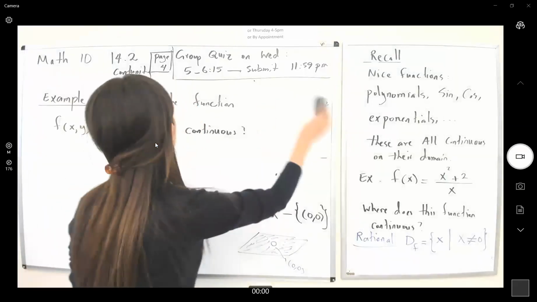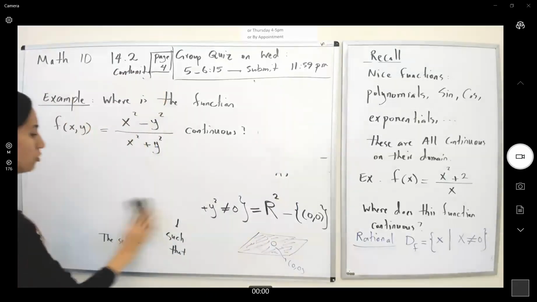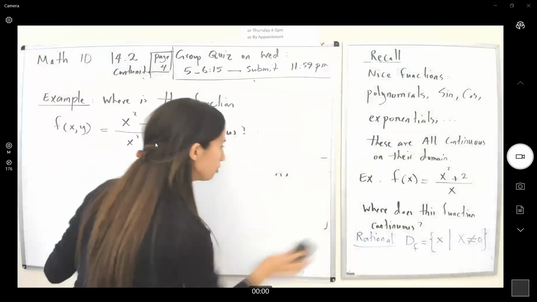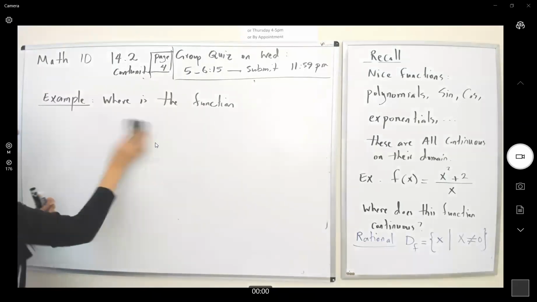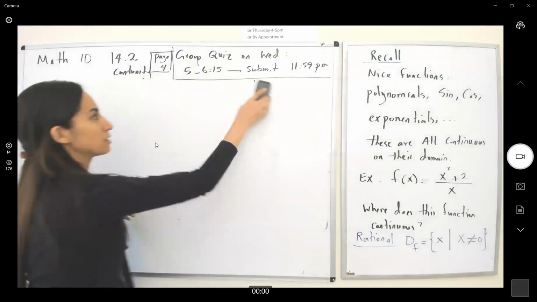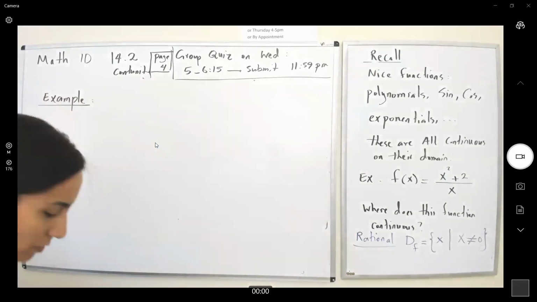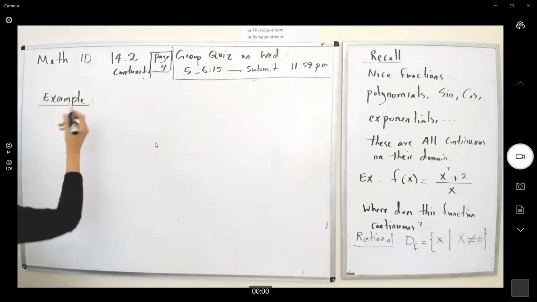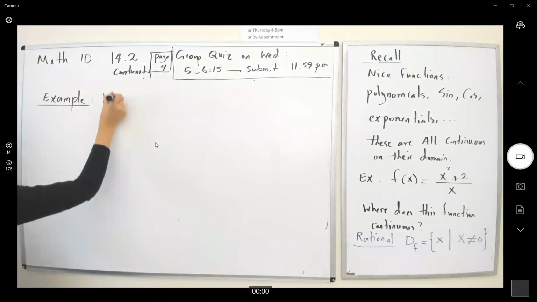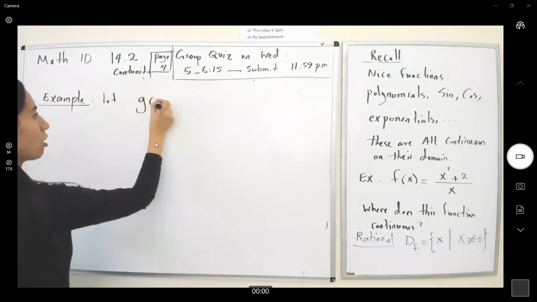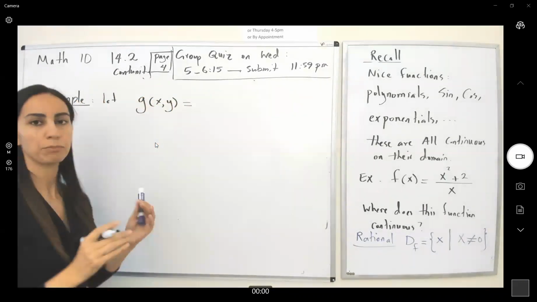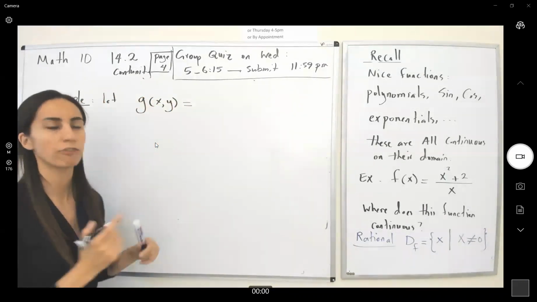We're still on page 4. We're moving on to a different example. We're trying to define a function this way. So let function g of x and y be a piecewise defined function. We define it this way.